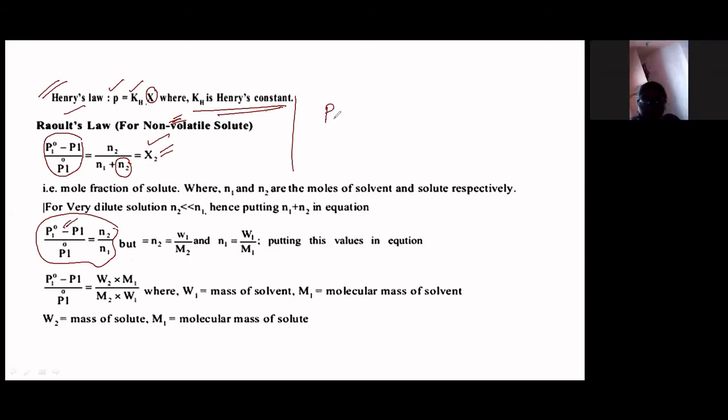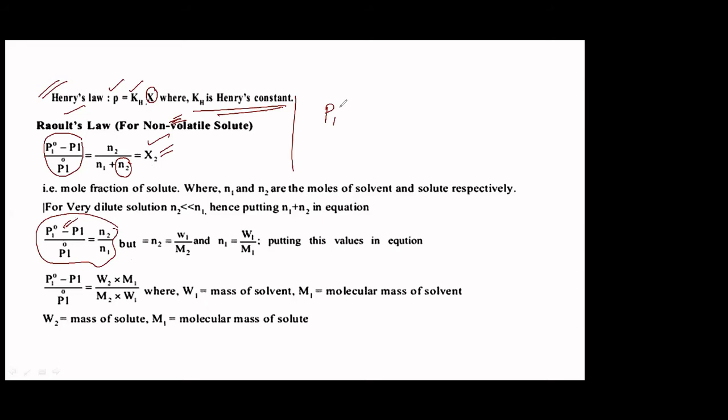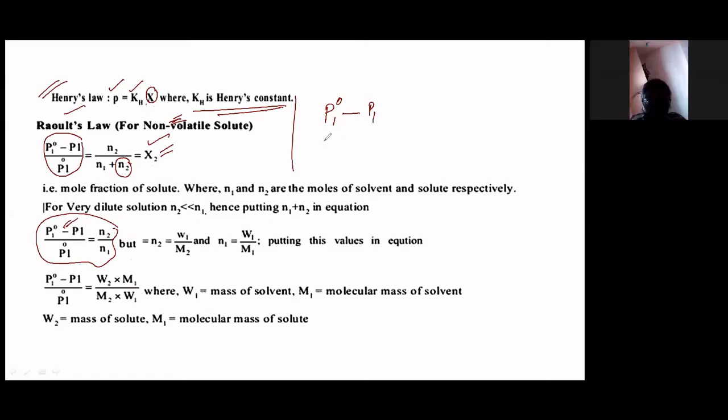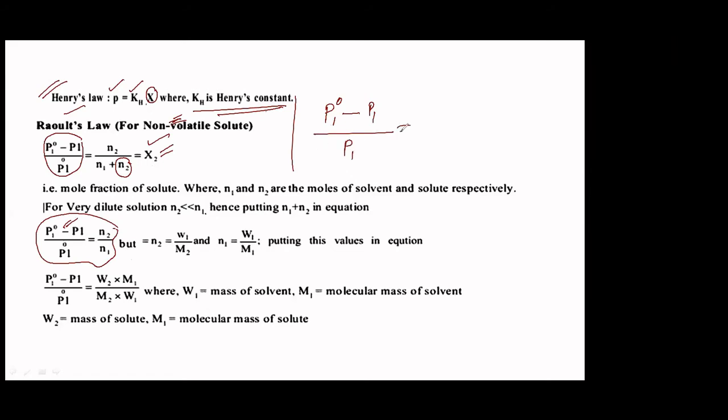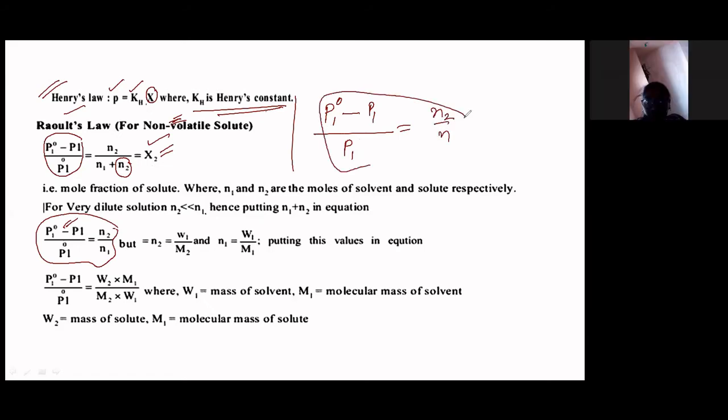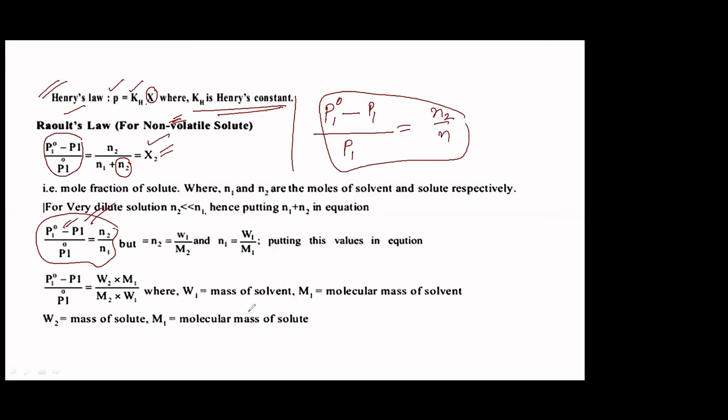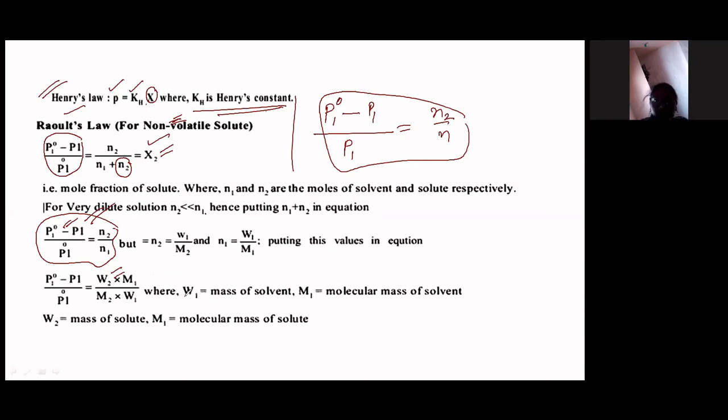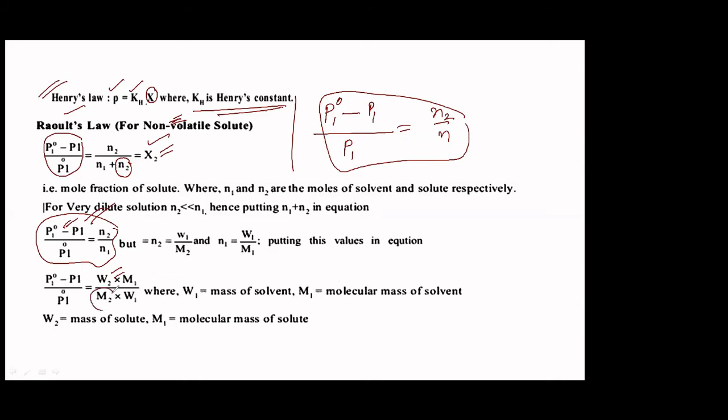For a concentrated solution, if you write P10 as the vapor pressure of pure solvent, P1 as the vapor pressure of solvent in solution consisting of a non-volatile solute, then (P10 minus P1) divided by P1 is also equal to N2 divided by N1. This is for a concentrated solution. Okay, so when you substitute, you will get this. Basically, all these are used for the determination of molecular mass of an unknown solute.